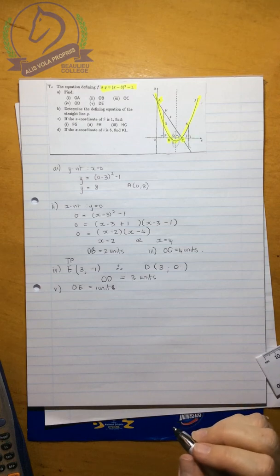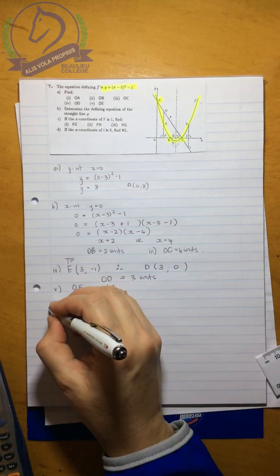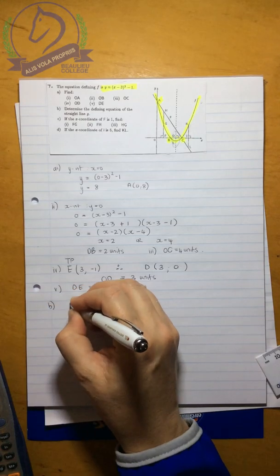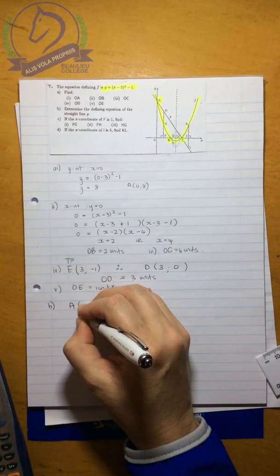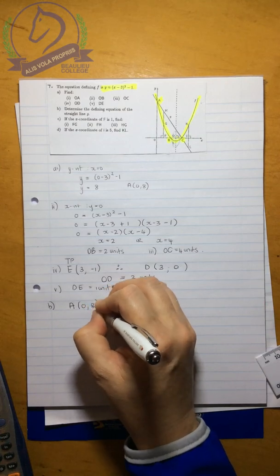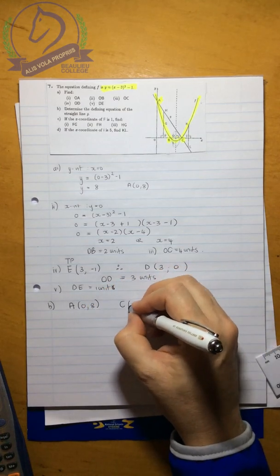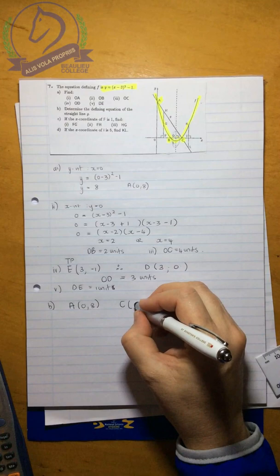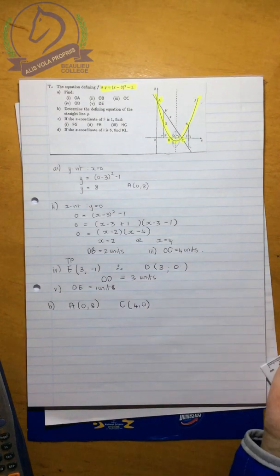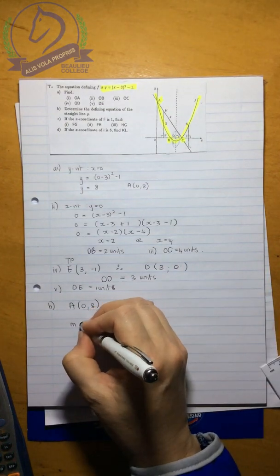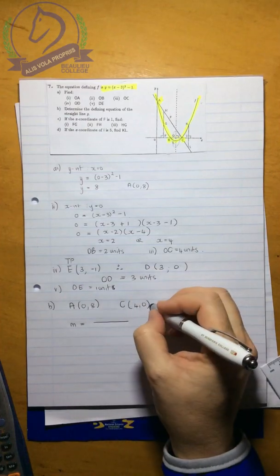Right. Then they say determine the defining equation of the straight line of G. Now, when I look at G, I have point A, which I found is 0 and 8, and I have point C, which is 4 and 0. And using that, I can work out the change in y.